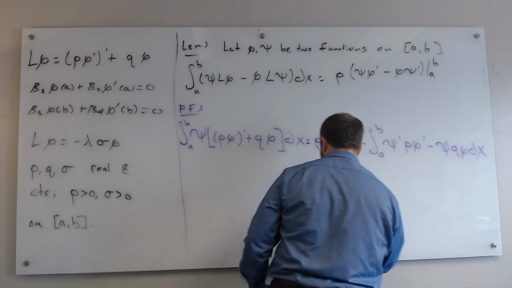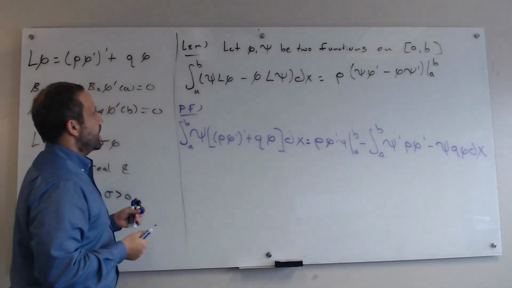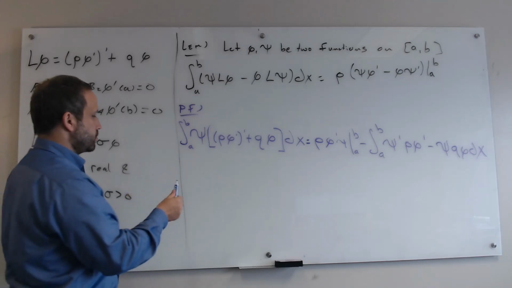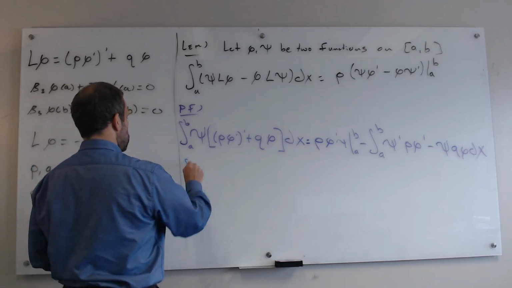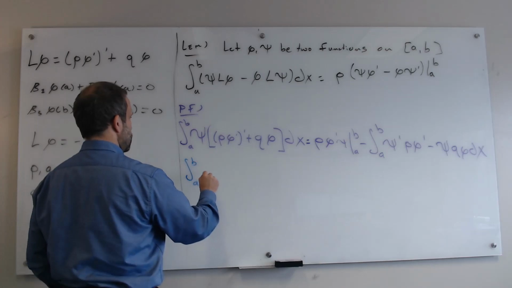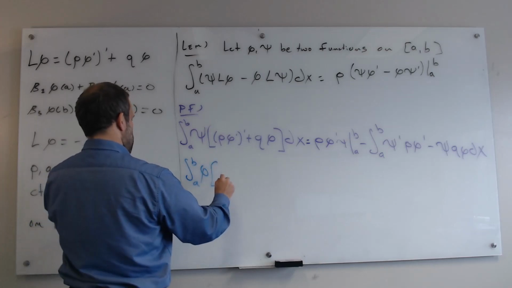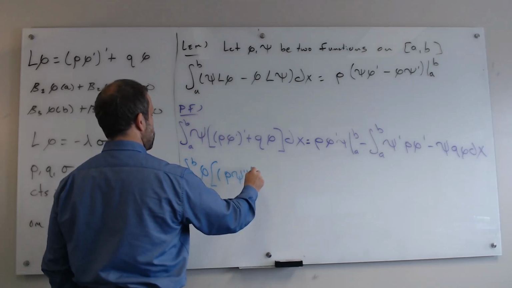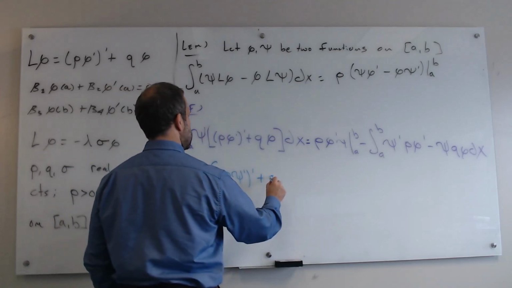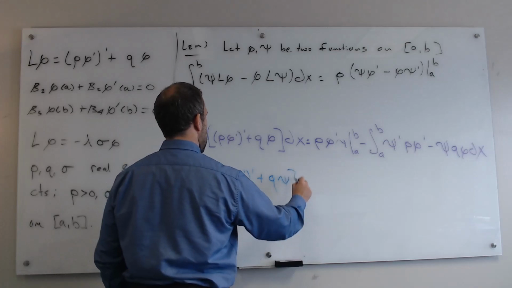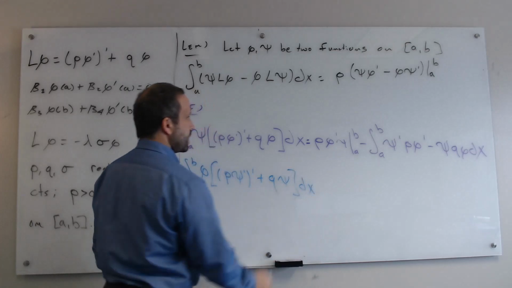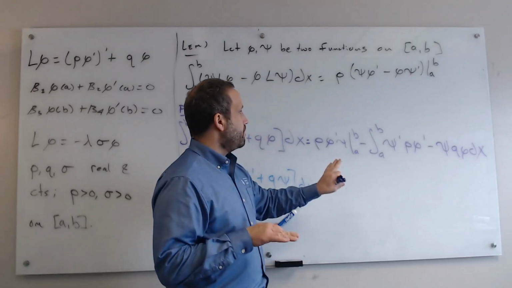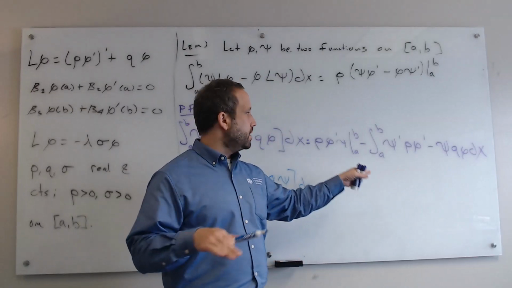Now, notice what happens if I want to compute phi times L psi. Well, I can just interchange the roles of those. So now I'm going to have a to b times phi, and over here it's going to be p psi prime prime plus q times psi. But before I do that, notice that if you just look at the integral part right here, the phi and the psi appear in symmetric ways.